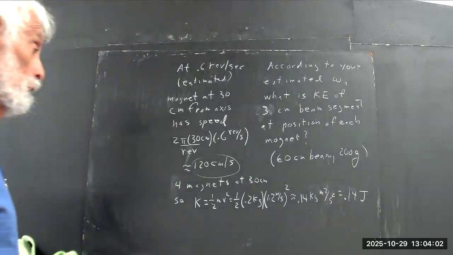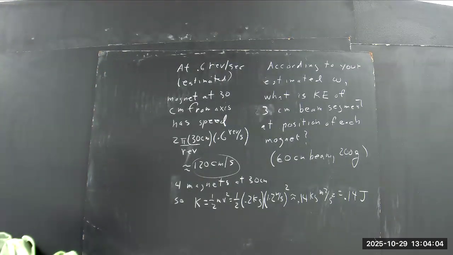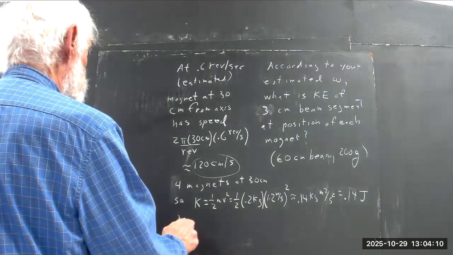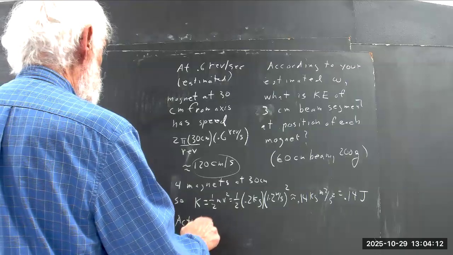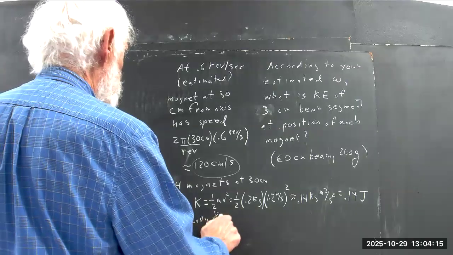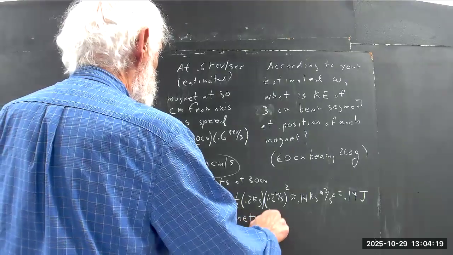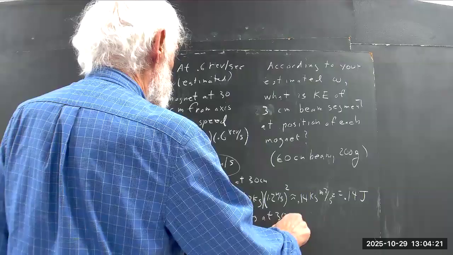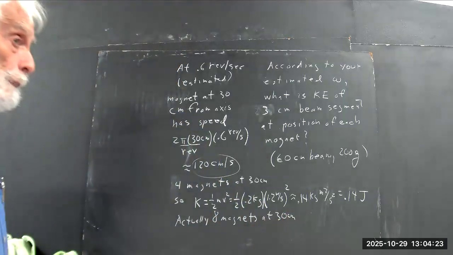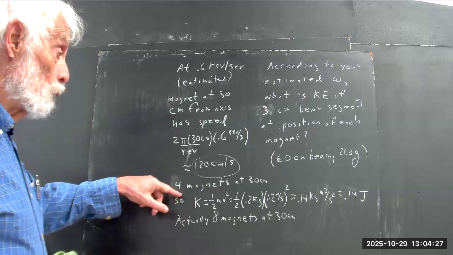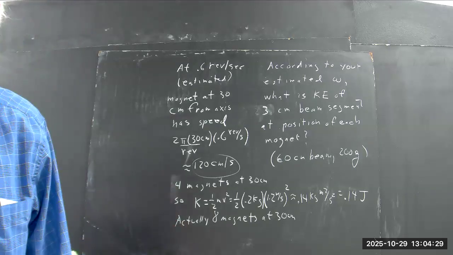And I think I get 0.14 joules. Okay. Now there are actually eight magnets at 30 centimeters, because this is symmetric. That's four magnets on one end and four more on the other, right?